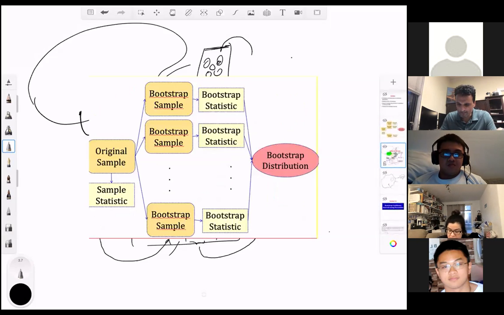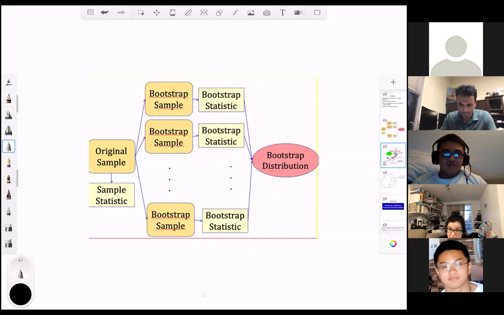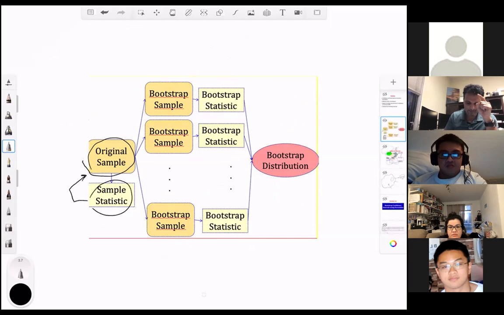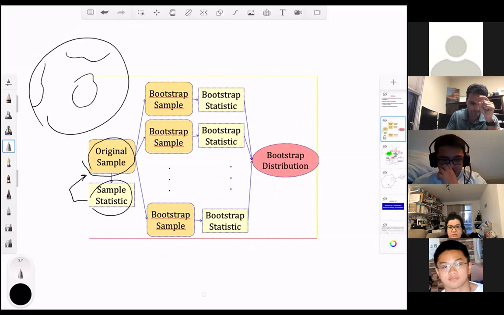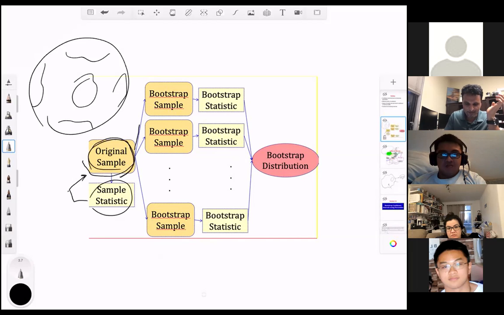Another picture is here. We have an original sample, and we have no problem applying a sample statistic to that sample. But we have only one sample, and with this sample statistic we cannot make a conclusion about the entire population, right? So from this original sample, we make Bootstrap samples, at least 10,000.